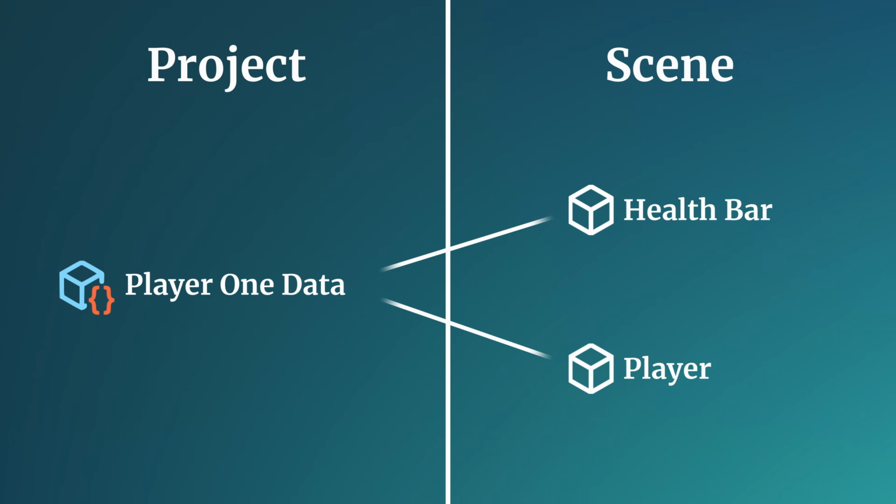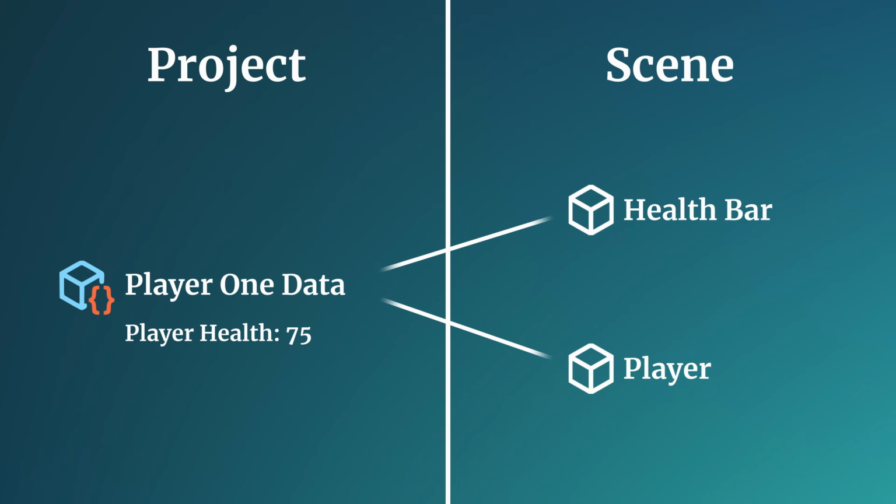Practically, this means that the UI doesn't care if the player object exists anymore, and neither does the player. Instead, the player writes live data to the scriptable object asset, such as how much health they have, making it available for any other system to read, but importantly, without creating a direct connection between the 2.